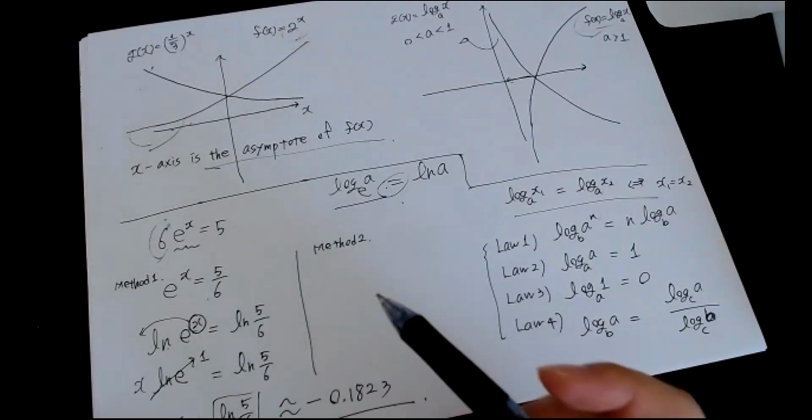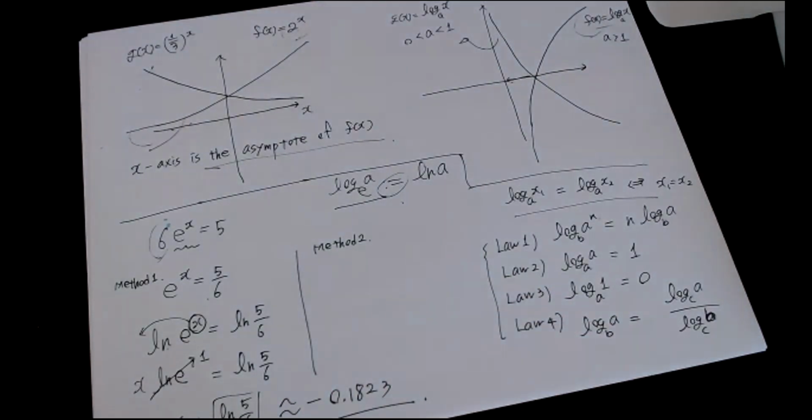I told you there are two interpretations of log. The first one, in view of functions, is that the log function is the inverse function of the exponential function. The second one is that log represents the exponent of the exponential function.